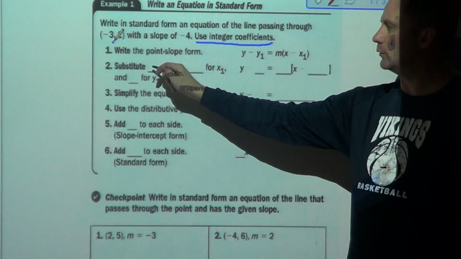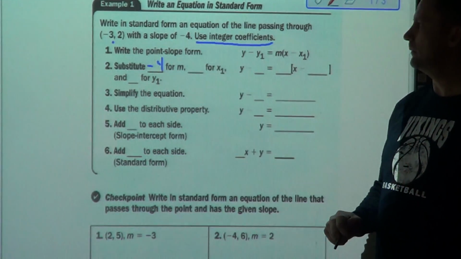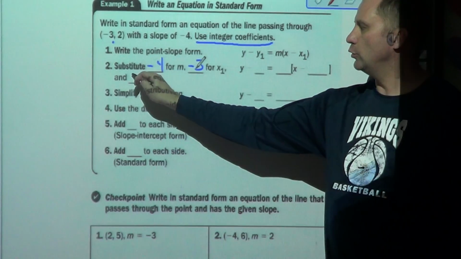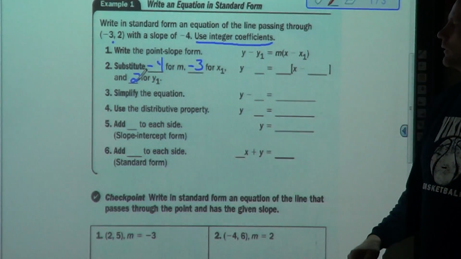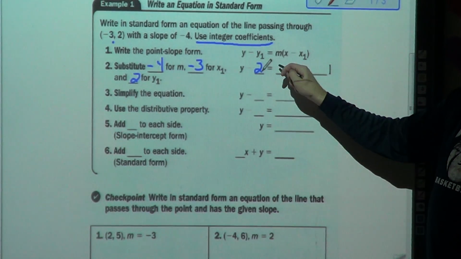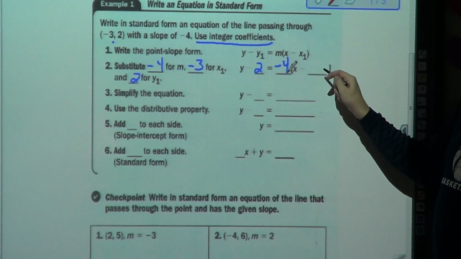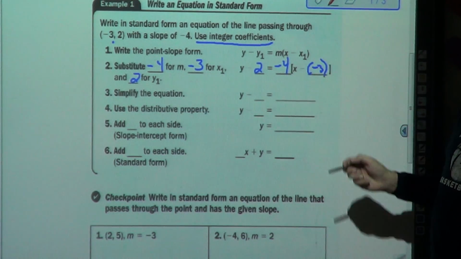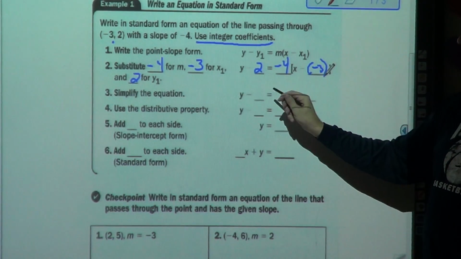So we're going to substitute -4 for m, -3 for x sub 1, and 2 for y sub 1. So it's going to be y minus 2 equals -4, times x minus -3.